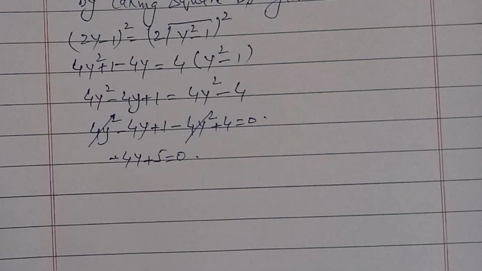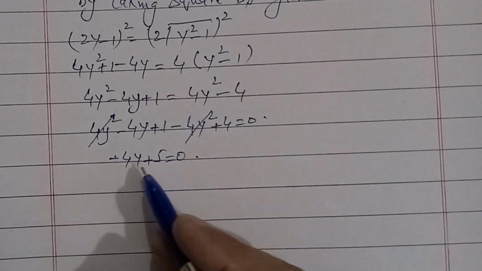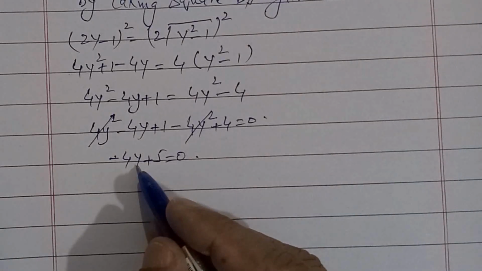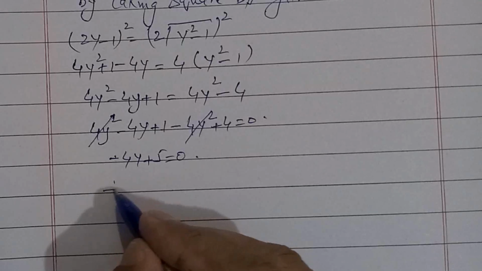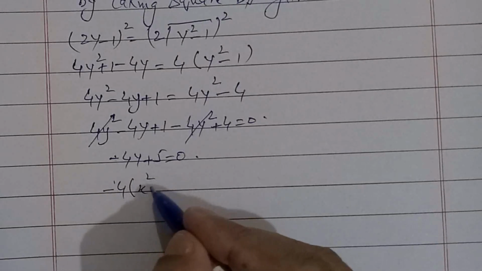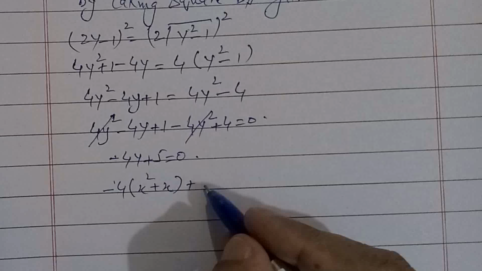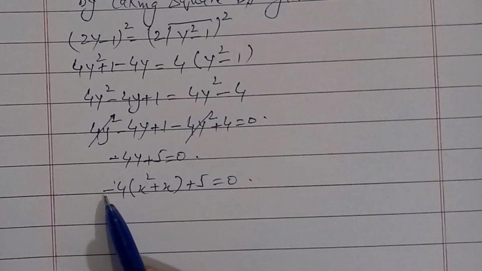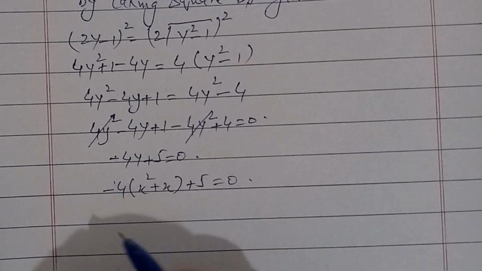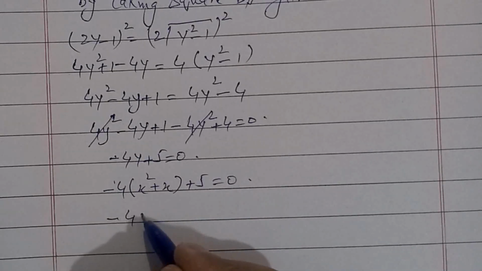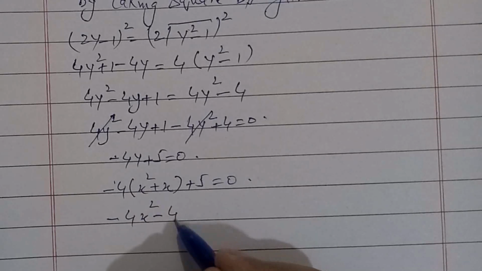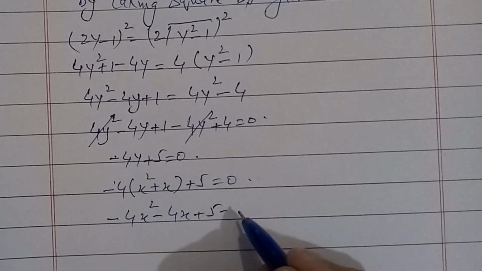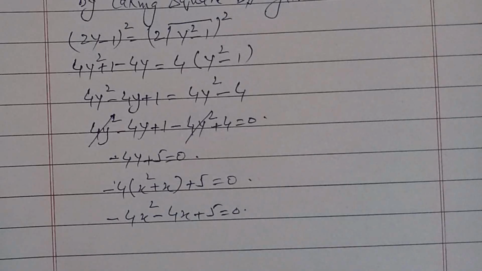Now we put the value y = x² + x in the term which is −4y. We get −4(x² + x) + 5 = 0. We multiply −4 into the bracket. We get −4x² − 4x + 5 = 0.